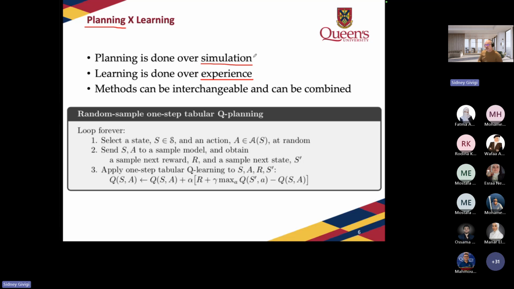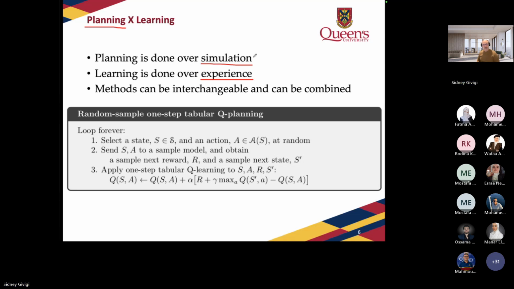Why? Because once you identify a model, you have to always consider the possibility that your model is not fully correct. And the only way for you to test if your model is correct is by still having real experience. So the real experience is going to be the arbiter of the success of your approximation.